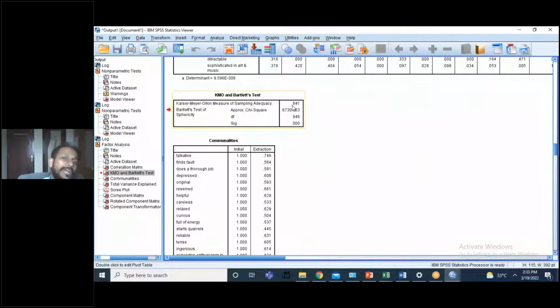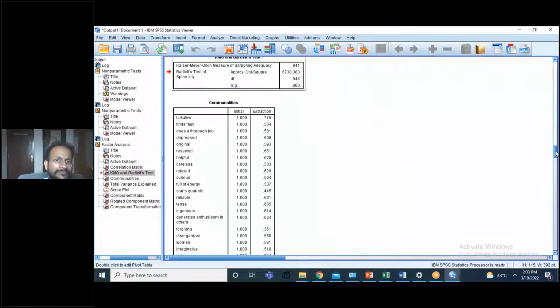We have got 0.841, which indicates a good number of samples. For factor analysis, we need a minimum of 50 samples, otherwise 100 is well and good. Now we have got 461 samples. This test of sampling adequacy is also significant, so you can report it.